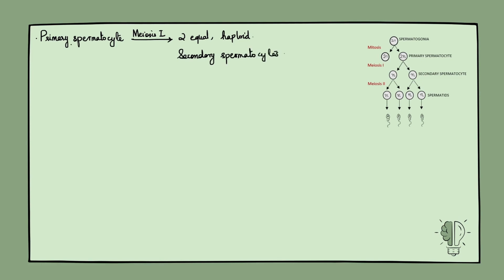The primary spermatocytes are diploid and have 46 chromosomes, whereas the secondary spermatocytes are haploid and have 23 chromosomes each.